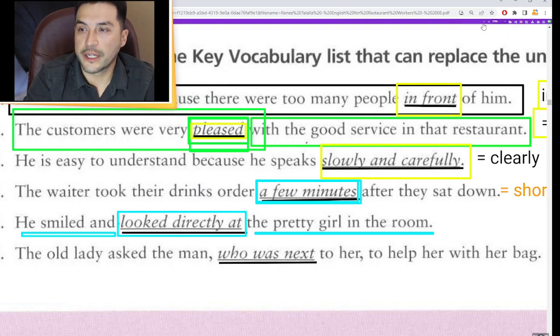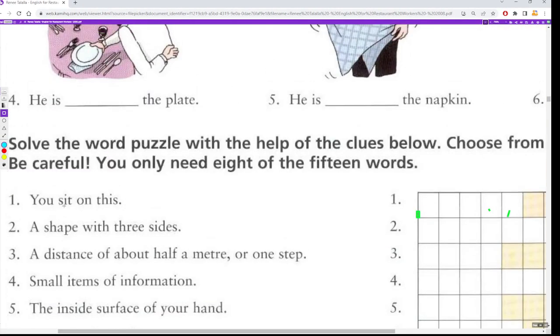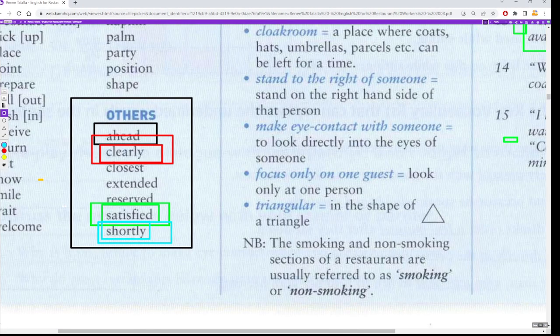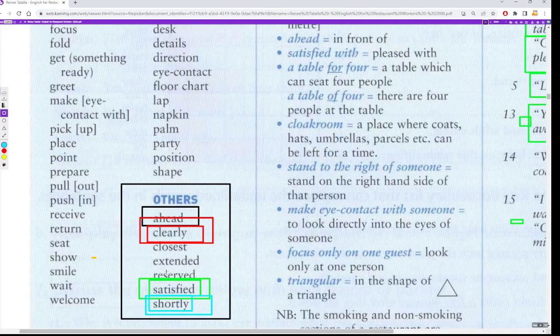Let's go take a look at the vocabulary list, right? And see what we got. He looked directly at.